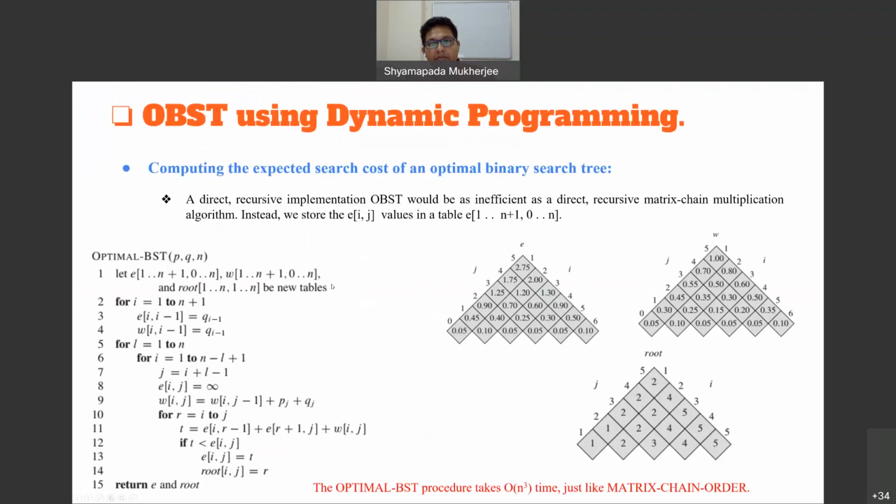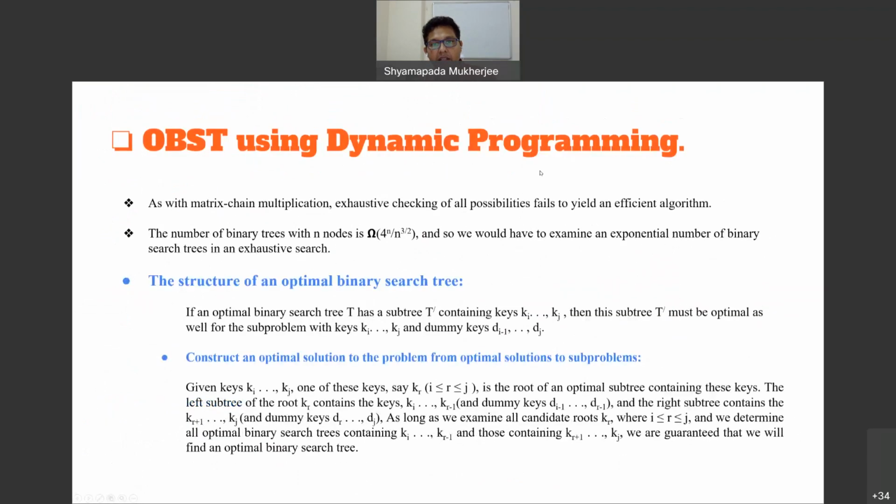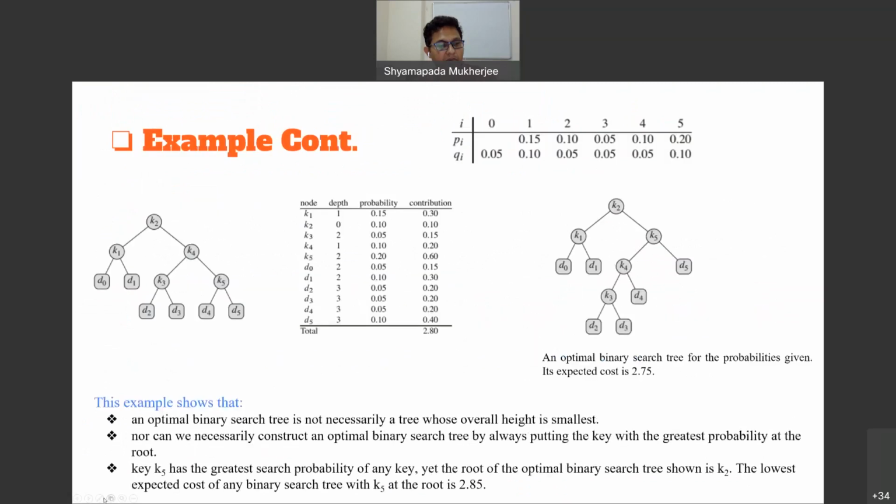So you can see this one, D1. From this D1, this is the probability of D1. So you can see in the table, 2 to 1, that is 0.12.